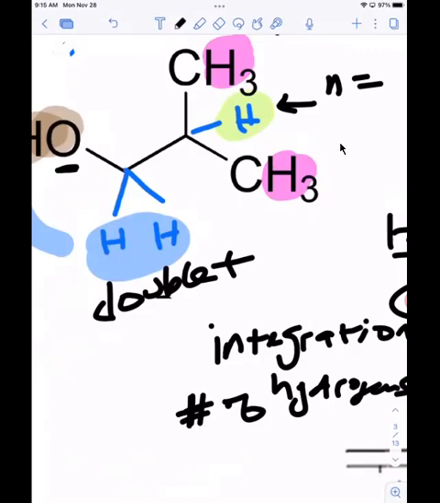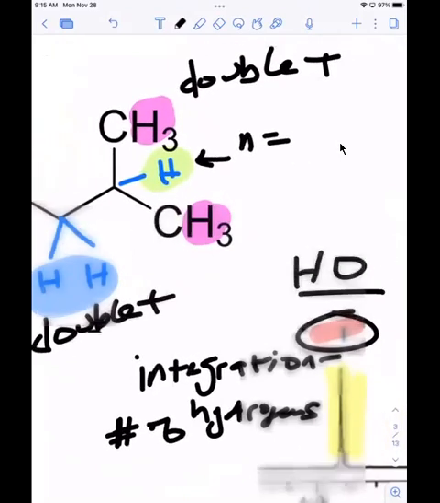Isn't it 6 hydrogens? What about the other ones to the left of it? I mean, they are adjacent, right? Yeah, they are. Oh, okay, I see.